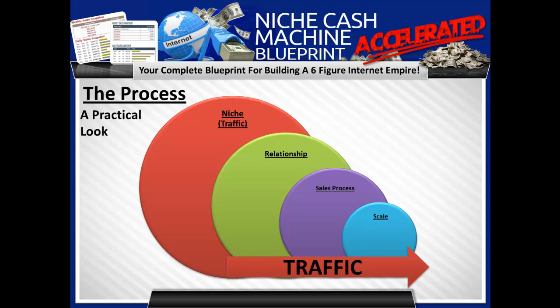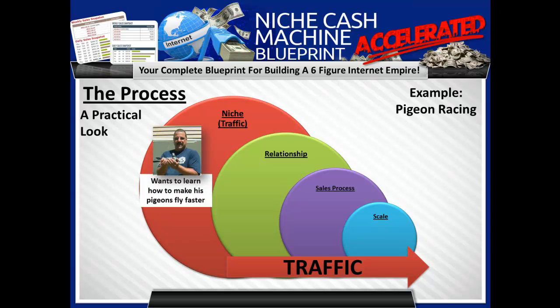Okay, now the process again, but now I want to show you an actual practical look at the process working in real life. We're going to use the pigeon racing example because, again, I wanted to really show that you could do this in any niche. So this is going to show you an example of this entire process working in the real world. So we have our niche, which, again, we're bringing Dom back.